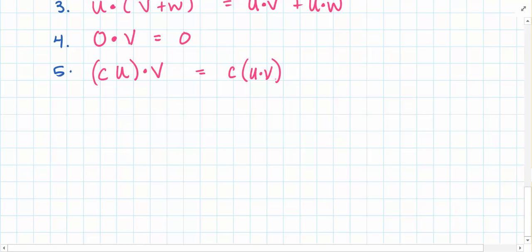There's another property that we all know and love, starts with an A. Associative, very good. And this is the same thing as u dot scalar times vector v. So no matter how you do it, any of those three will be the same. Okay?